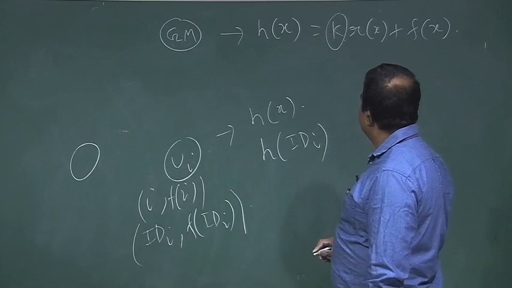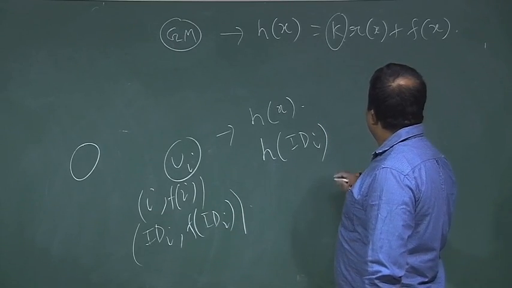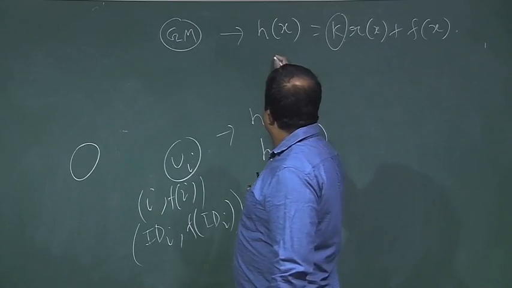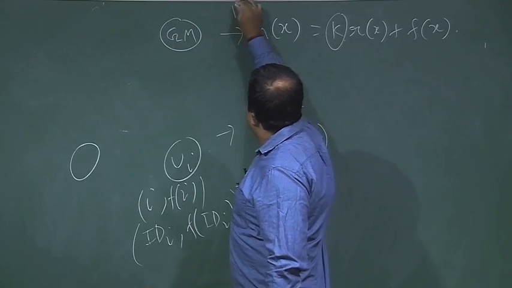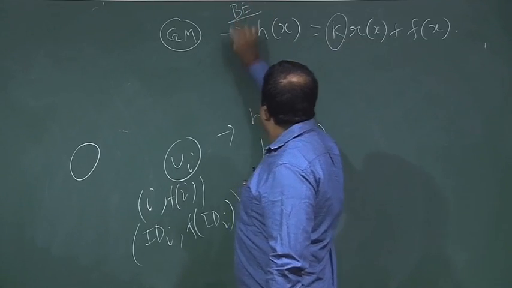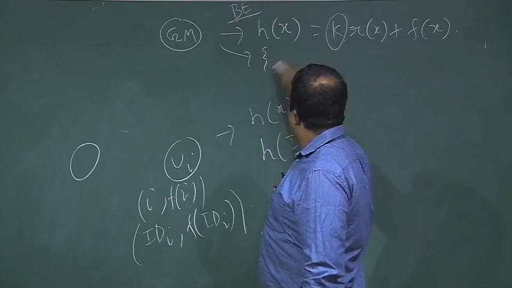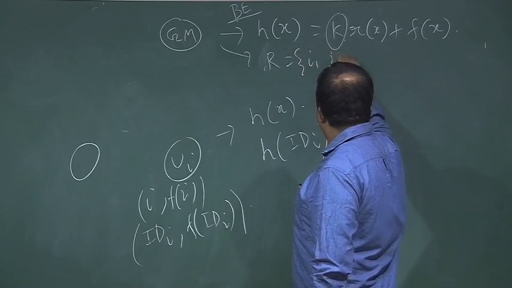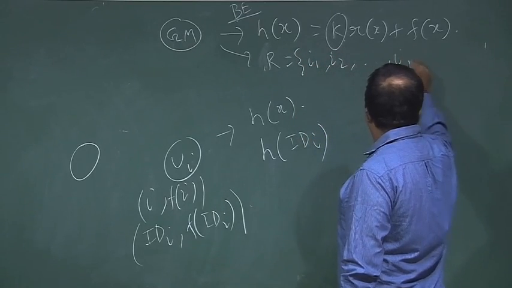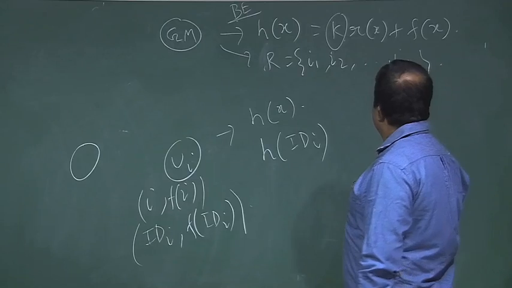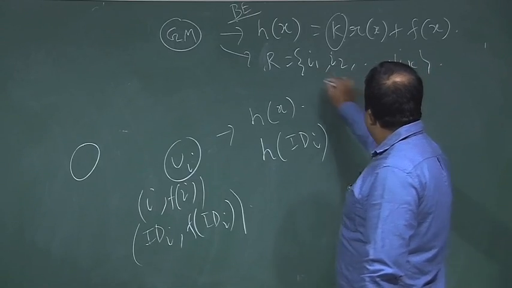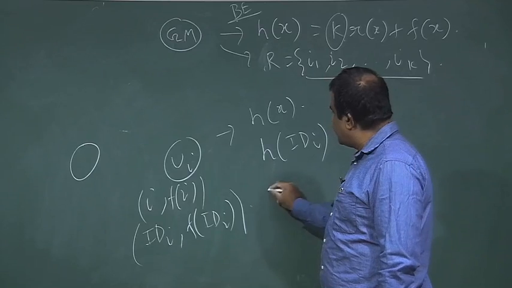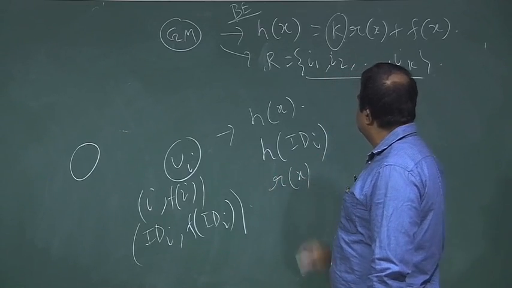After calculating this, it is also broadcasting the revoked user set. So what are the things it is broadcasting? This polynomial along with R, where R is the revoked user indices. From here this user UI can compute R of x.